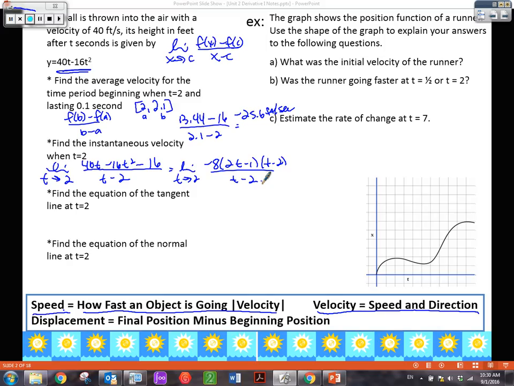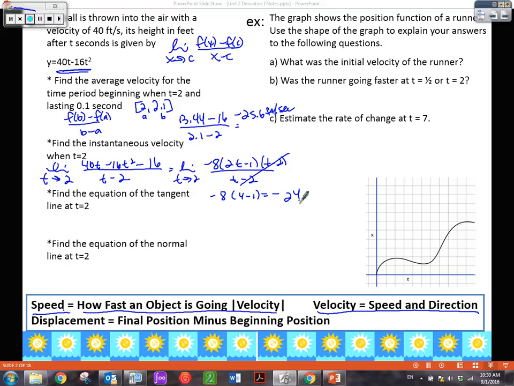We can see right there that we can cancel out the t minus 2's, and then I can simply substitute the 2 into my limit and get my answer. I put a 2 in here, I get negative 8 times 4 minus 1, or negative 24.